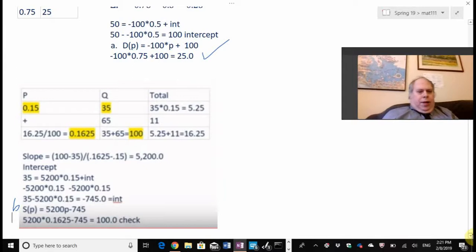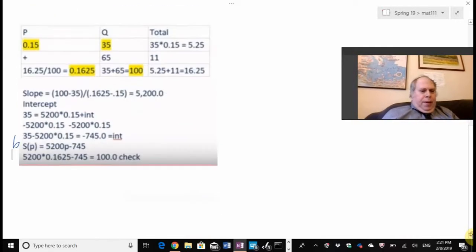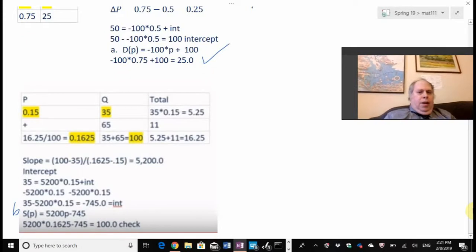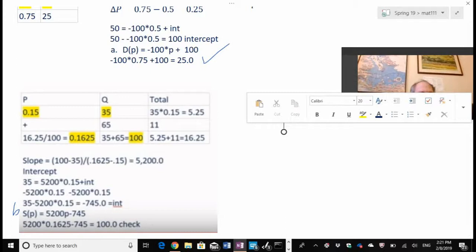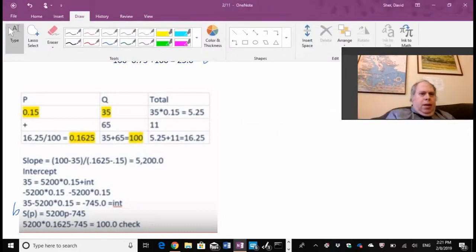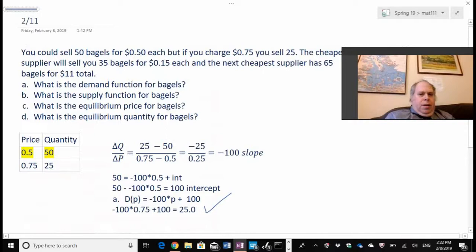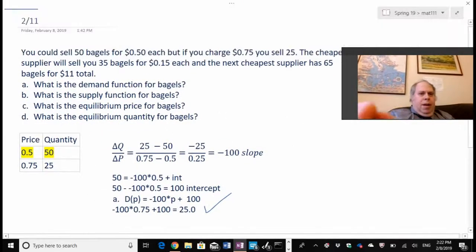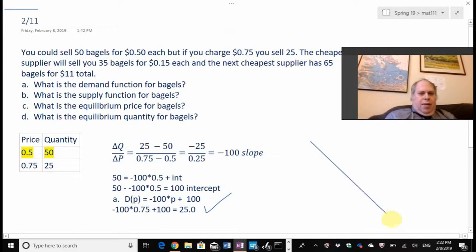Now we've got two functions. Demand tells us there's a negative slope, so you have a negative slope for demand.